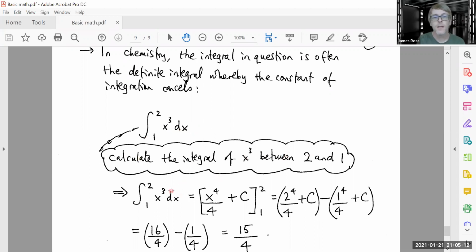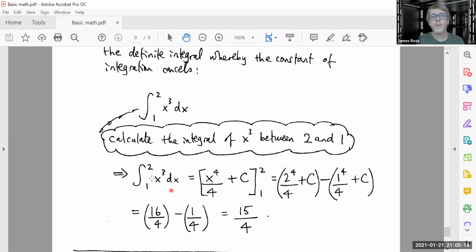So for the first term, we have x cubed, so we would add 1 to the power, so we have x to the 4 over 3 plus 1, so it's x to the 4 over 4, plus a constant, so it's that entire term between the limits 2 and 1. That's what we're asked to do.